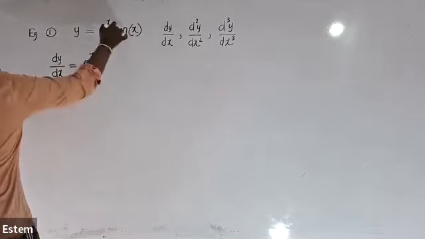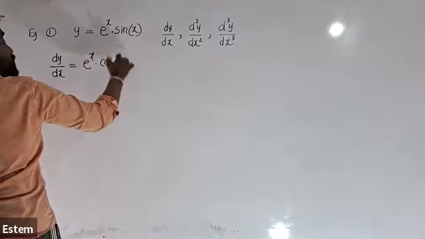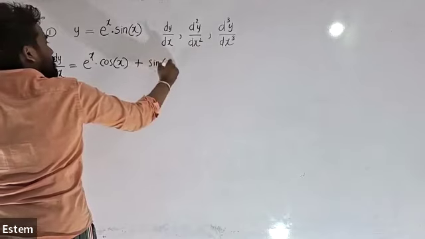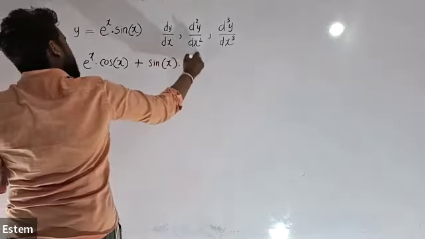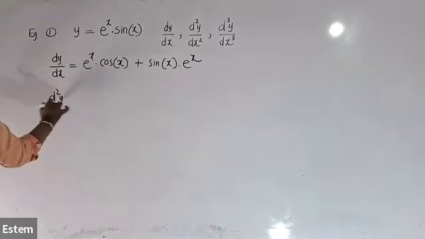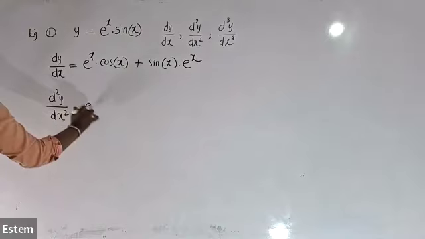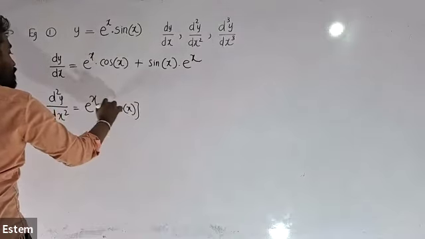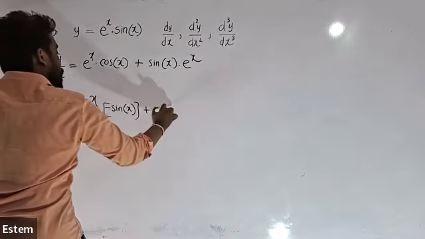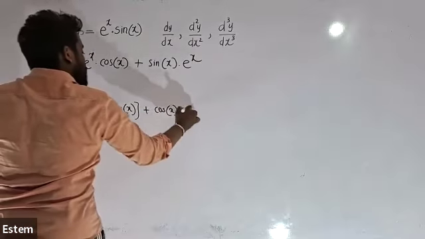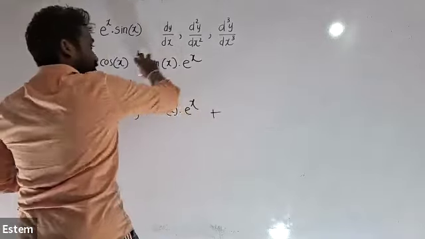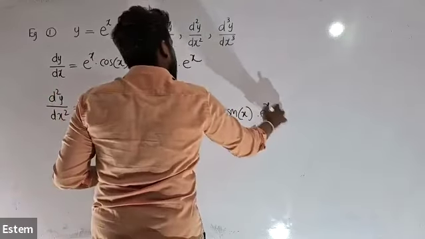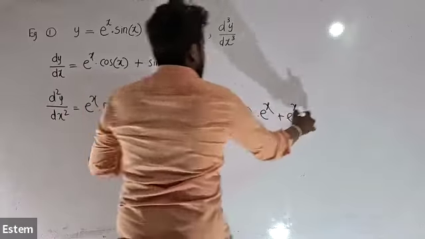Pick ex, differentiate this, and the differentiation is 1, plus pick sin x, the differentiation of ex is the same as ex. Then second order. Ex, differentiation of this is sin x, plus pick cos x, differentiation of this is ex. Now this is so long. This is pick sin x, differentiation of ex is ex, and pick ex, differentiation of sin x is cos x.